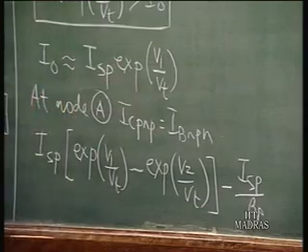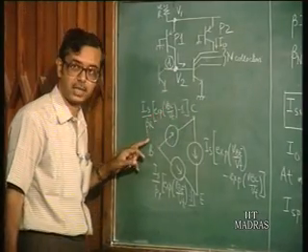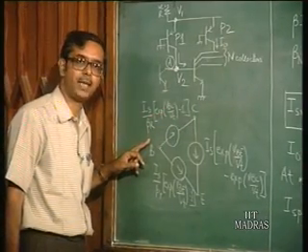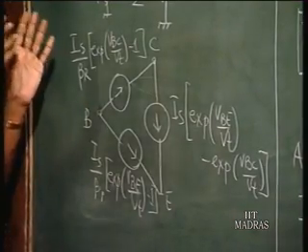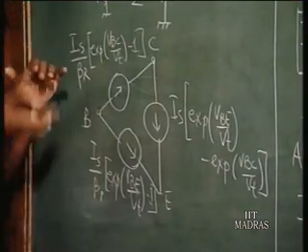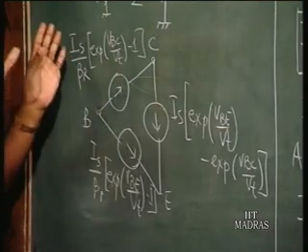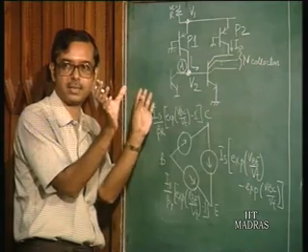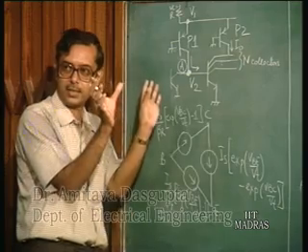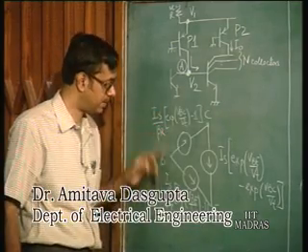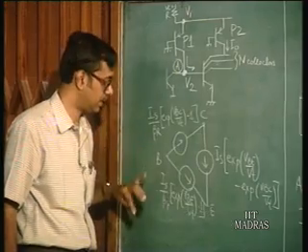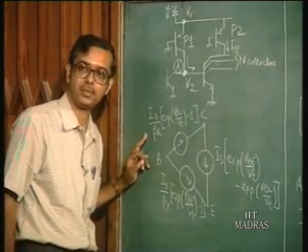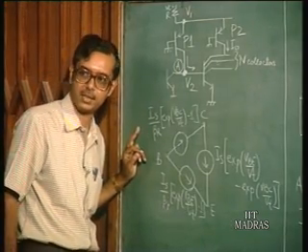Actually this should be the reverse beta of the PNP transistor, but since the PNP transistor is a lateral transistor, not a vertical transistor, with the two emitters and collectors side by side, the reverse and the forward betas are almost the same. So we can take it as beta P, which is the beta of the PNP transistor.